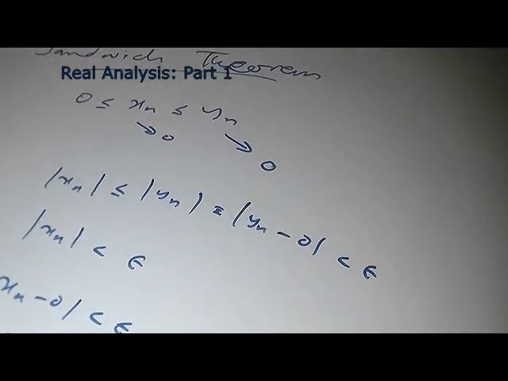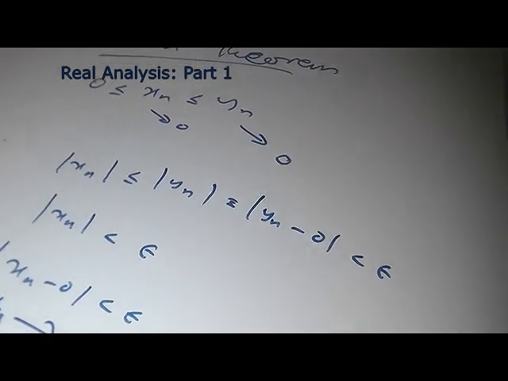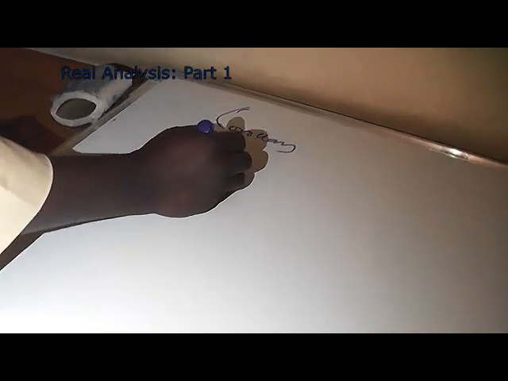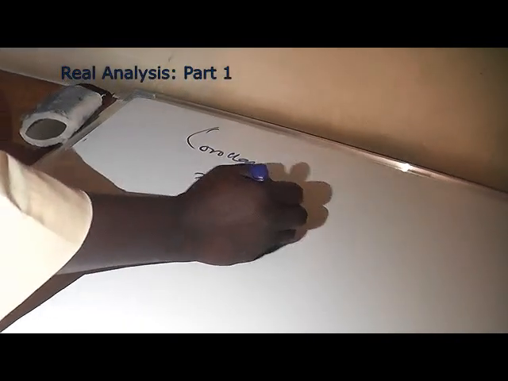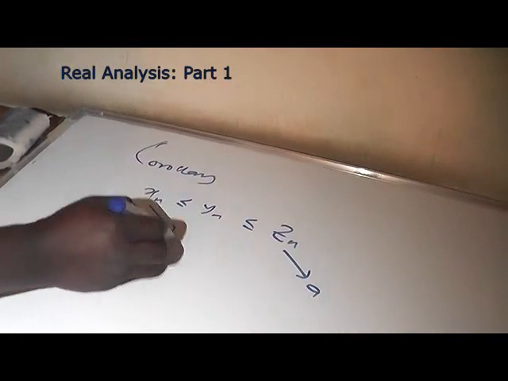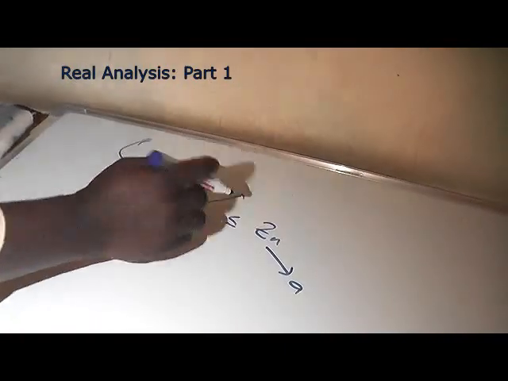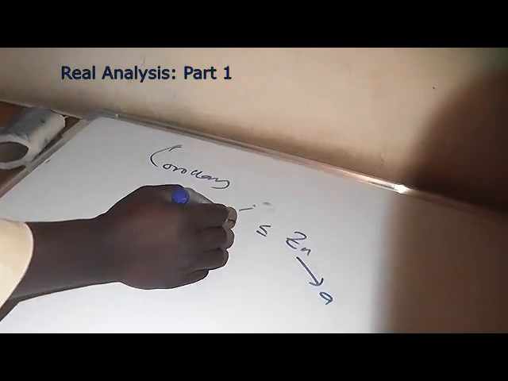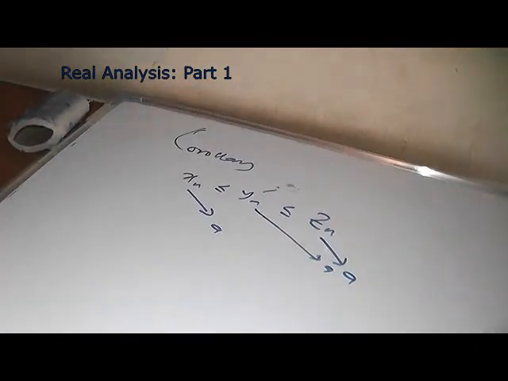Then we have a corollary to the Sandwich theorem. Corollary of the Sandwich theorem, we say if xn is less than or equal to yn, less than or equal to zn, and zn converges to a, xn converges to a, then yn will certainly converge to a.